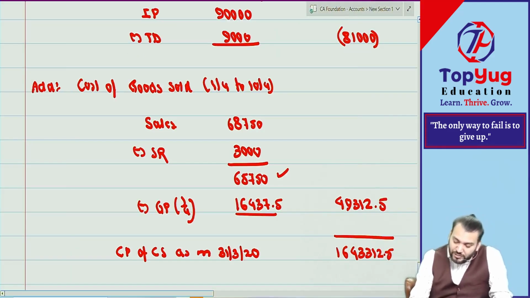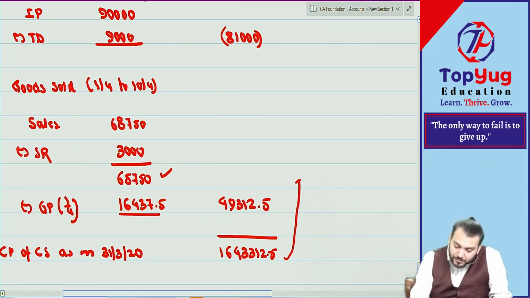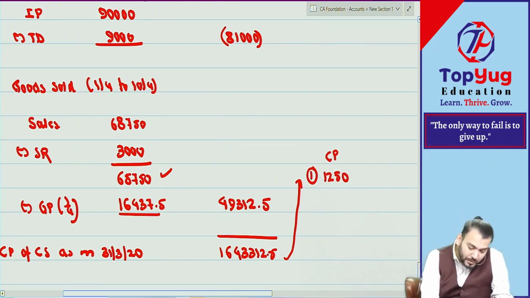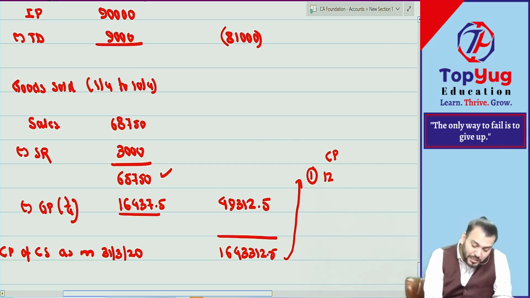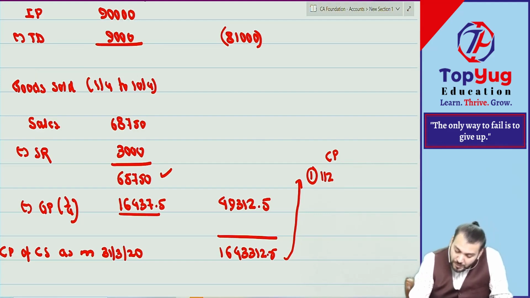Just try to understand. These include one item whose cost price is 11,250 and whose NRV is 5,250.